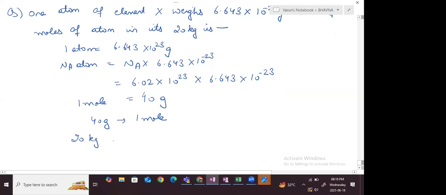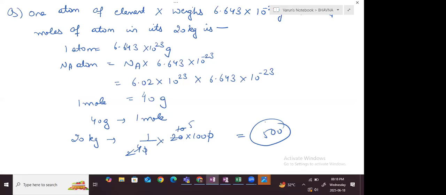So 20 kg will weigh 20 into 1000 divided by 40, so it will come out 500. So 500 moles of atoms will be there. Clear?